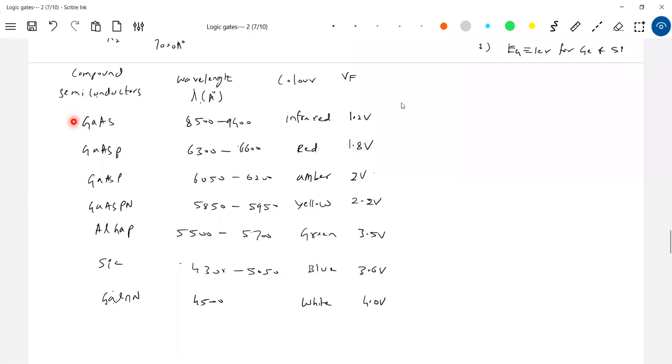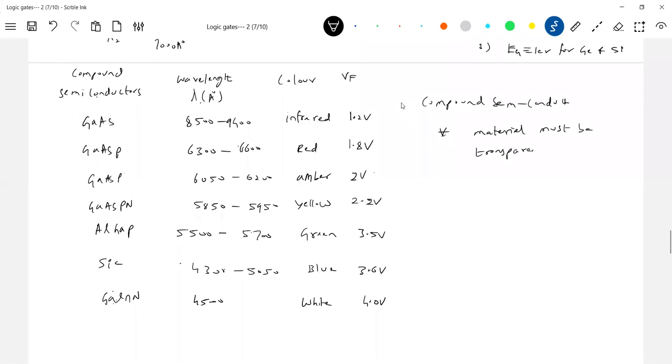And what is the thing? All these compound semiconductors, what are the features of compound semiconductors? First feature, what should be? Transparent. Material should be transparent. Material must be transparent.